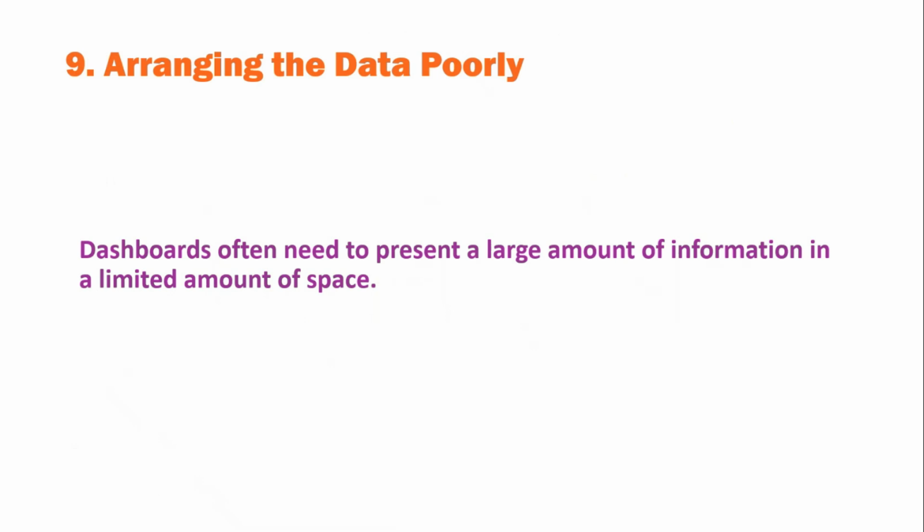Dashboards should show a large amount of information in a limited space. So if we don't organize them correctly, there isn't any result except a mess. Important information has to be clear and bold. It should be seen immediately when the user looks at the dashboard.